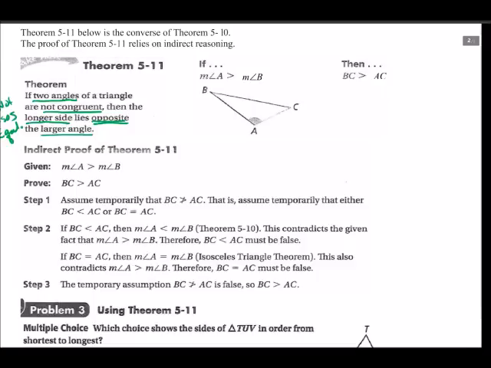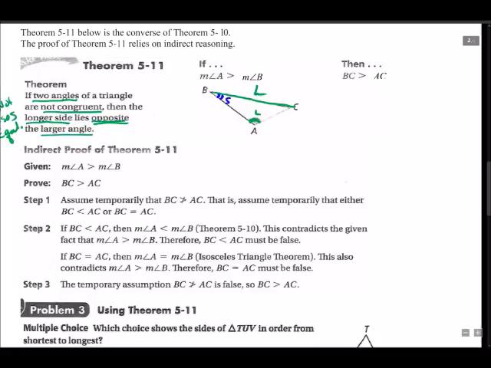Let's look at our triangle here. It says the measure of angle A, so where's angle A? There's angle A, is greater than the measure of angle B. So what do we know? We know that the side opposite angle A, this is our large angle, so this is our long side.